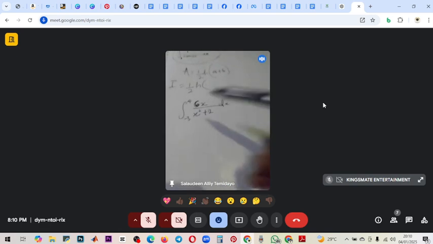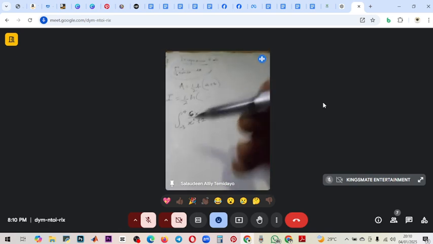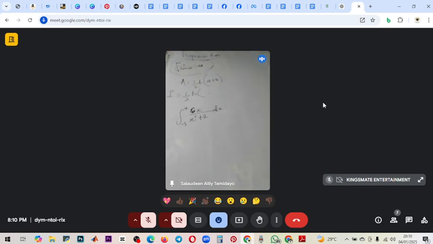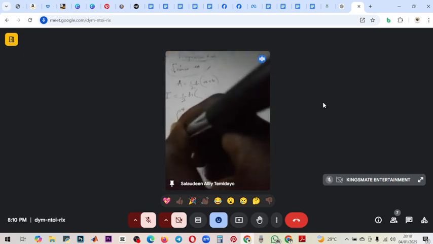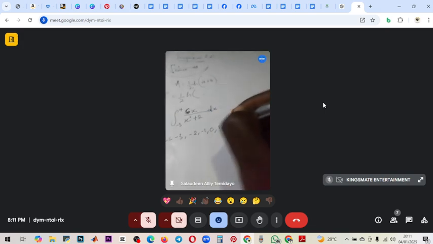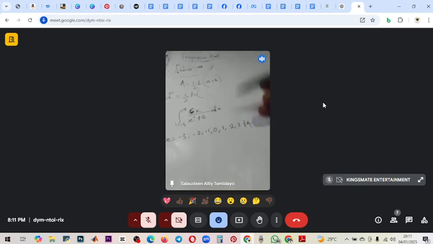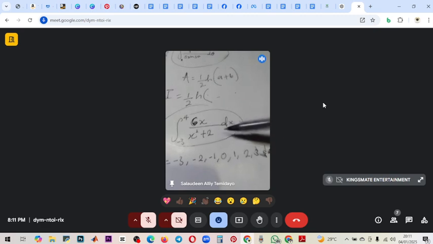So 6x over x squared plus 2, dx. The question says, using the trapezium rule with 8 ordinates at x equal to -3, -2, -1, 0, 1, 2, 3, calculate, correct to 3 decimal places, the approximate value of this function.